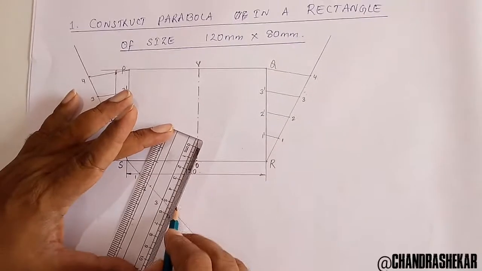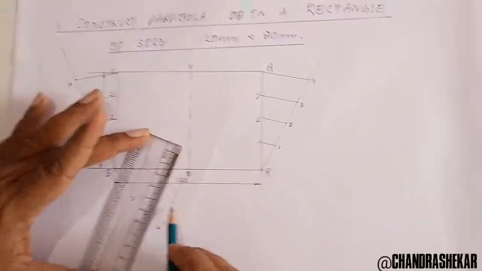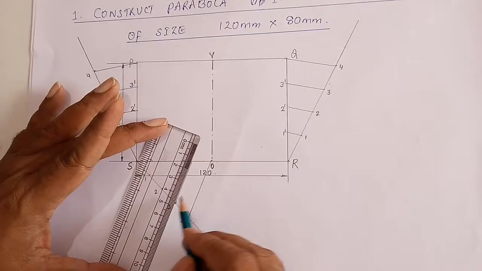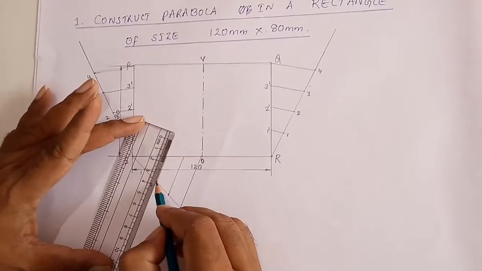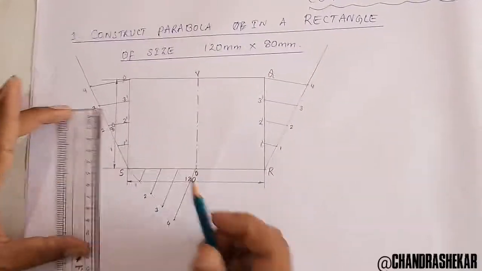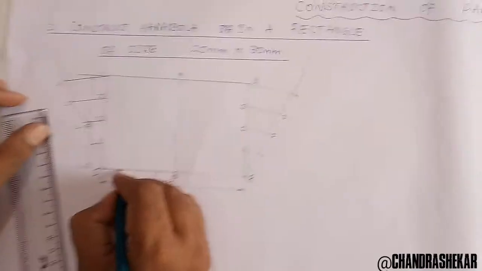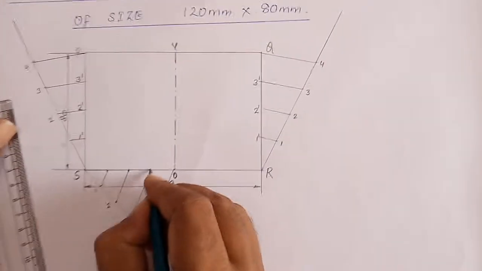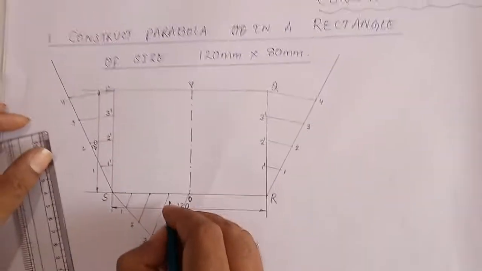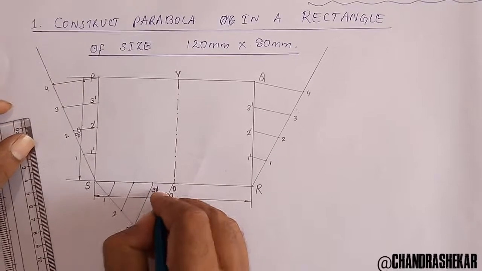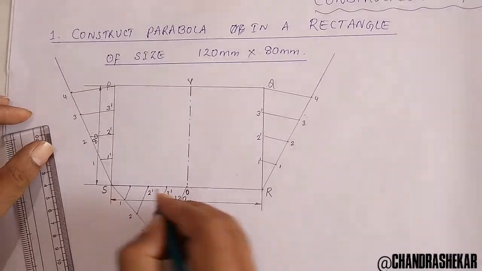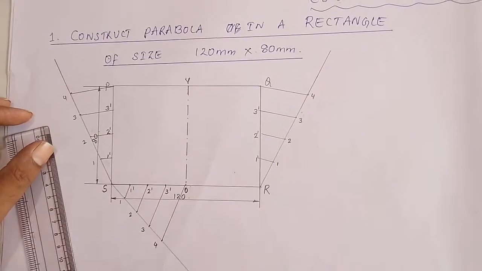Join 4O. Draw lines parallel to this 4O through 3, 2, 1. Now we have divided this into 4 parts. Call these 3 dash, 2 dash, 1 dash.